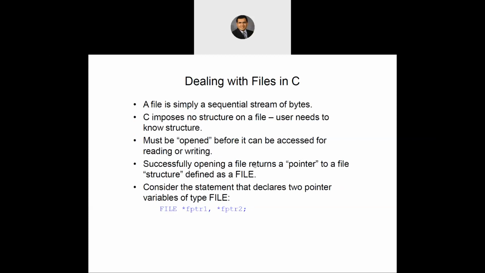Now, let's understand the concept of files in the C programming language. A file is a stream of bytes. C imposes no structure on the file, so you have to tell the C program what kind of file you are creating. Is it a text file? Is it a spreadsheet file? And so on.